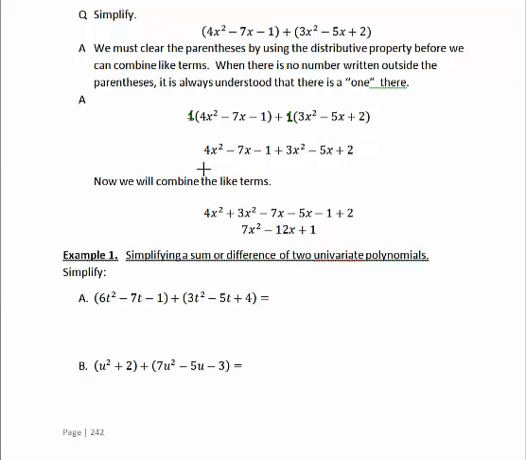This just says that we could distribute to get rid of the parentheses, but the 1 isn't going to change any of the terms, the sign nor the coefficient. So in a nutshell, we can just drop the parentheses.